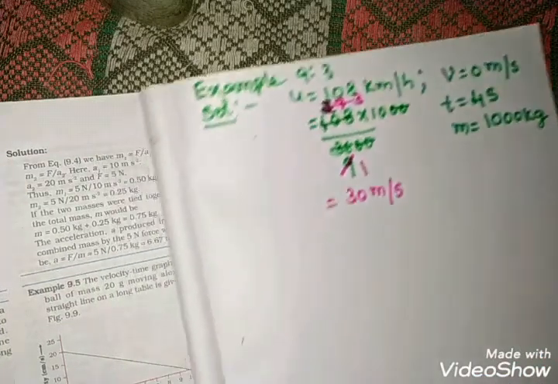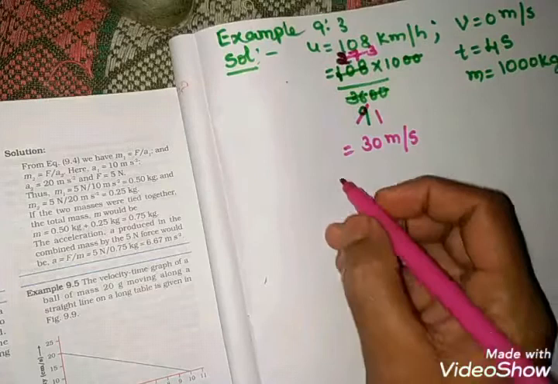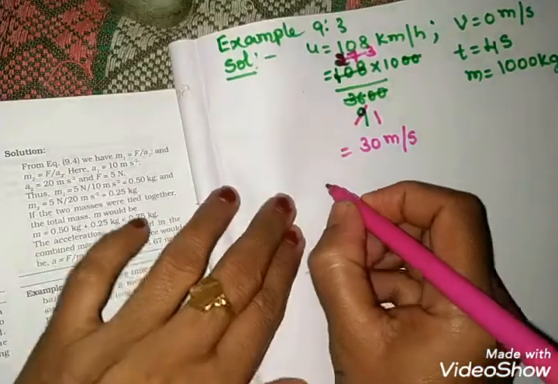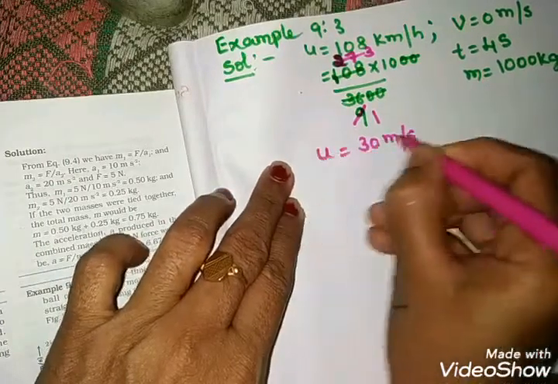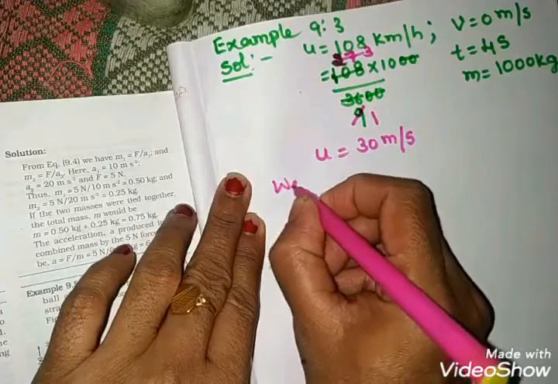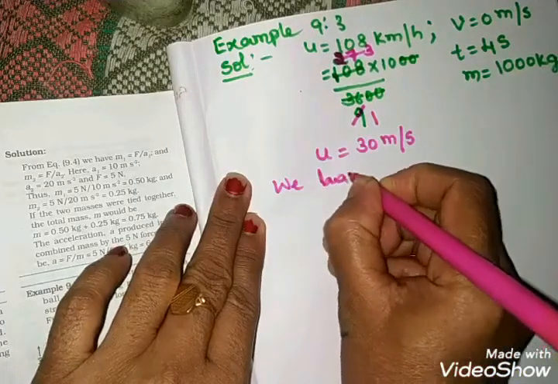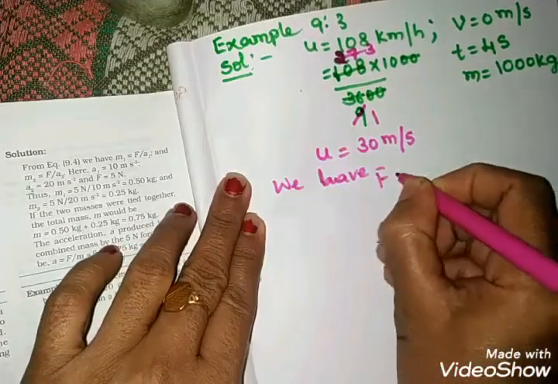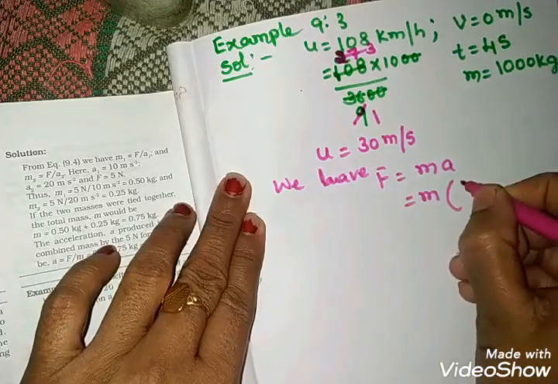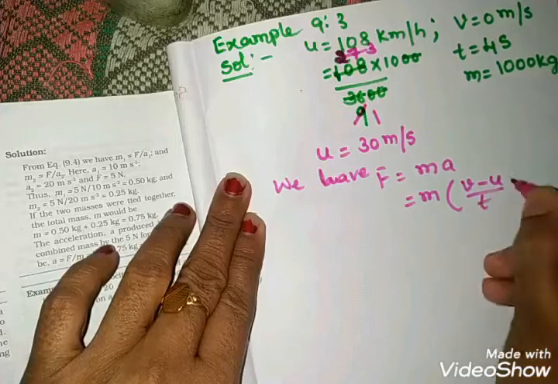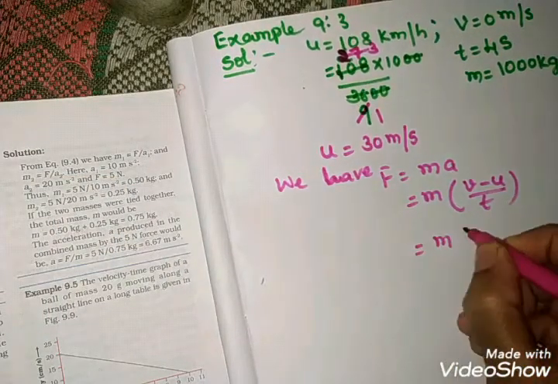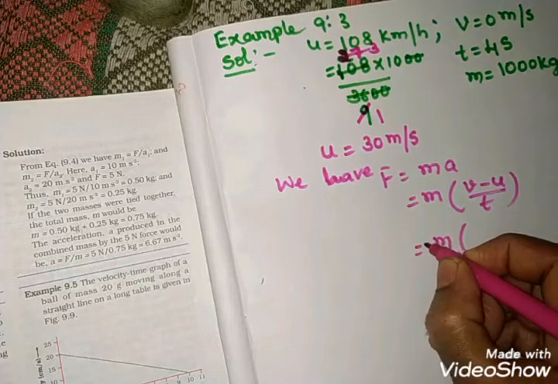Now let us continue with the sum. Now we know that F is equal to M into A, but A we don't know here actually. So u became 30 meter per second. We know that F is equal to M A, that is M into (v minus u) divided by t, right? So here M is how much, children? 1000.